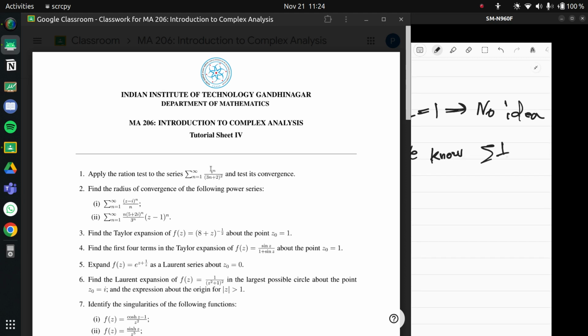that the summation of 1 upon n squared from n equals 1 to infinity is equal to pi squared by 6.